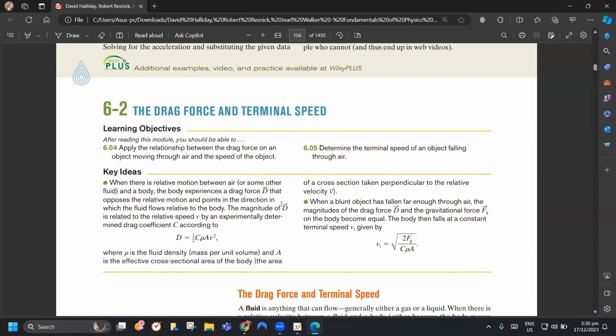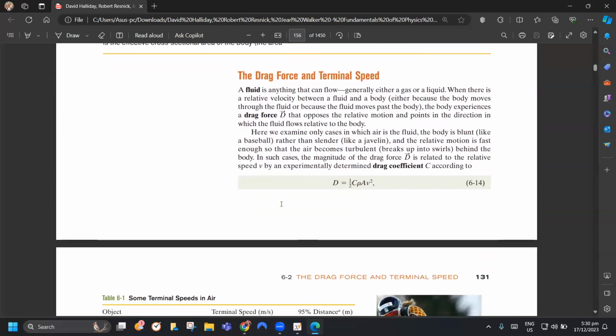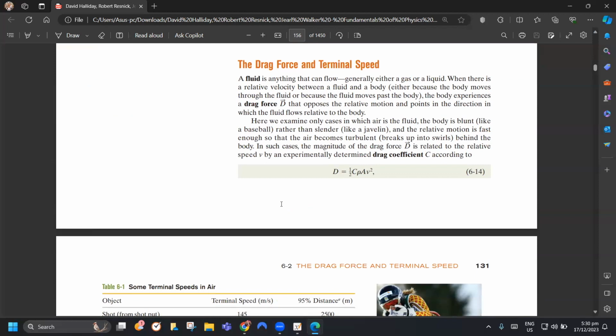Kasi yung expression na yung drag coefficient, it's actually yung V na yan, hindi siya yung velocity. Tingnan mo yan, yung definition niya. When there's a relative velocity between a fluid and the body, either because the body moves through the fluid or because the fluid moves past the body, the body experiences a drag force that opposes the relative motion and points in the direction in which the fluid flows relative to the body.